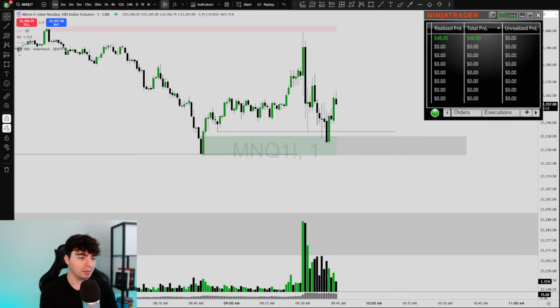Everybody's win rate includes break-evens because small wins are break-evens, but they're considered wins. So my actual win rate for getting a full size trade is probably closer to 40%. Getting an actual full sized winner.